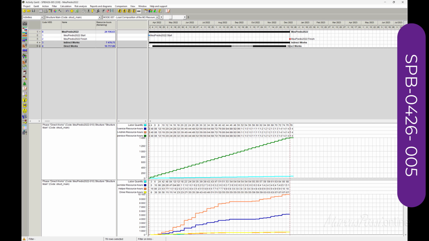57. Load composition of MO. In Portuguese it is mão de obra. So the acronym for mão de obra should be workforce. I don't know how you would say it in English. Workforce or labor.